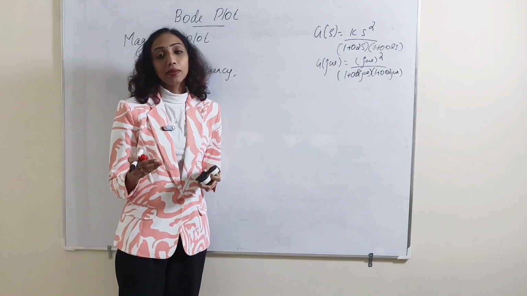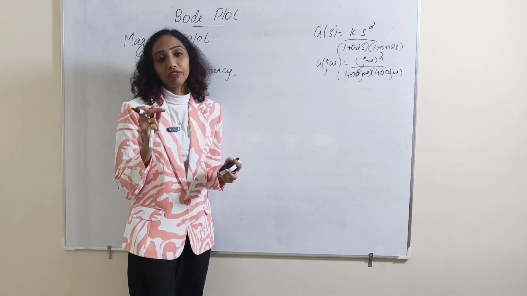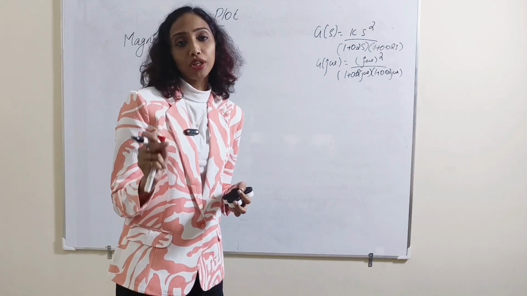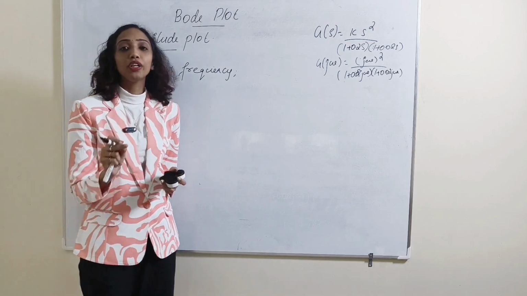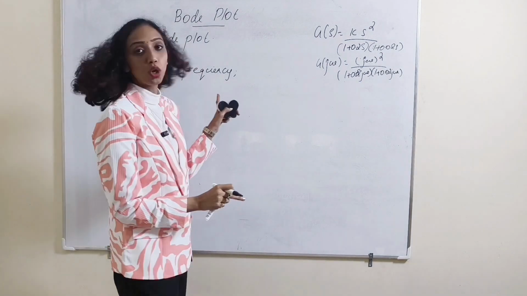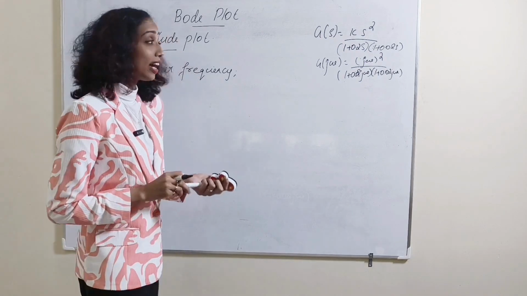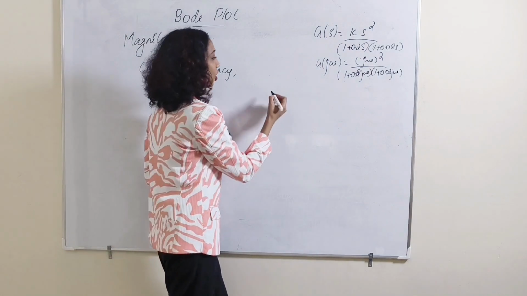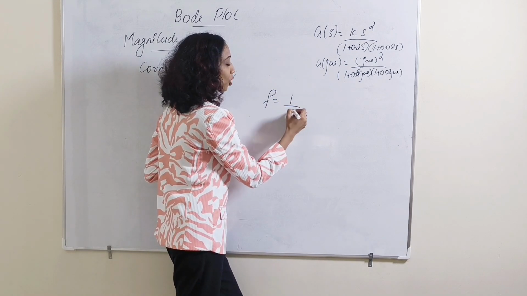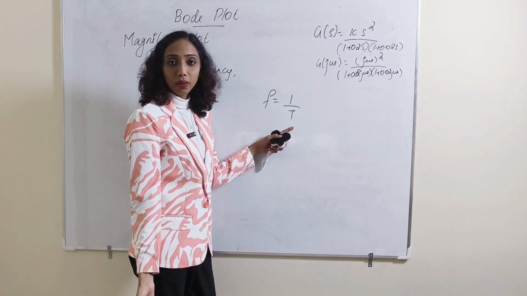Corner frequency is simply defined as the frequency at which two asymptotes meet. But for finding the value of corner frequency, we are using the old equation: frequency is the reciprocal of time period, right?